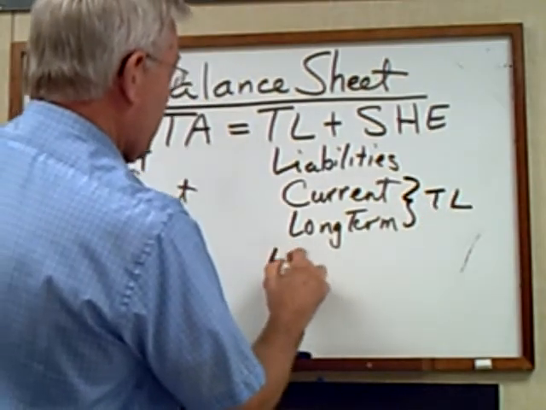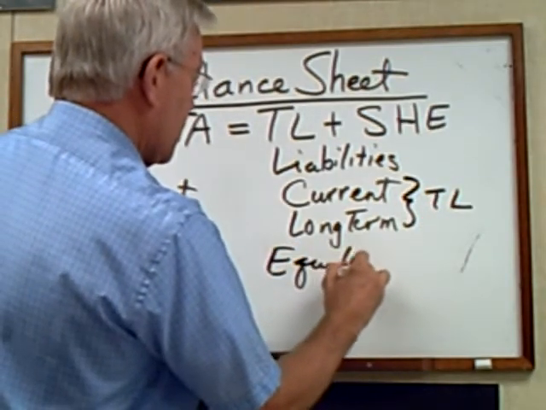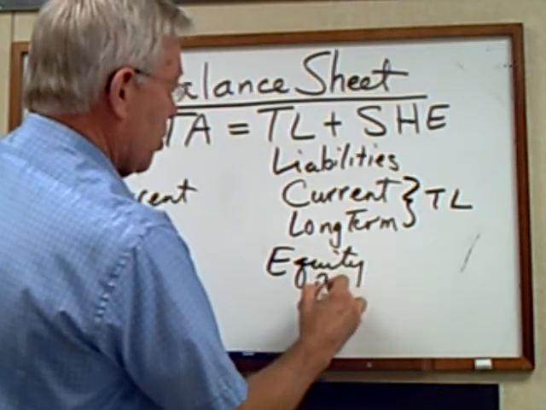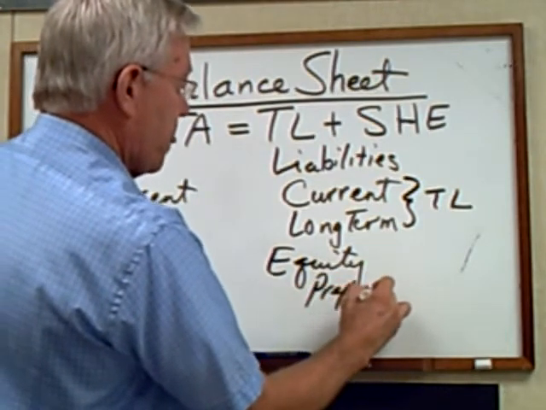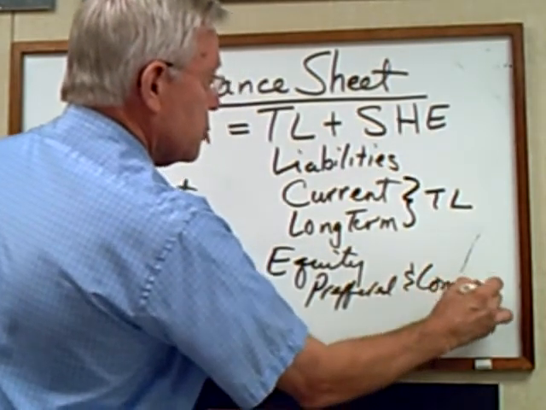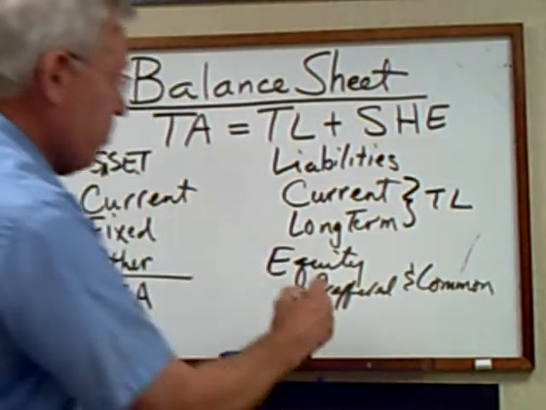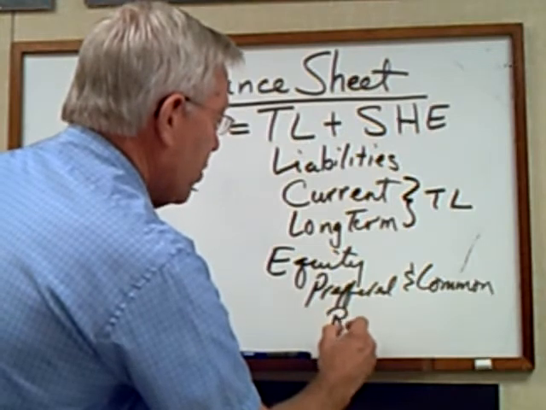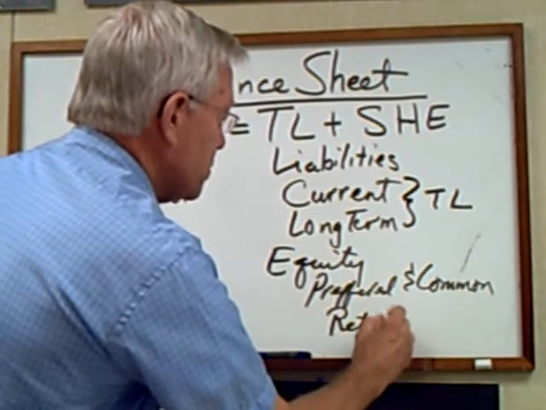And then we have equity, which is both the preferred and common stockholder aspects, plus we have retained earnings.